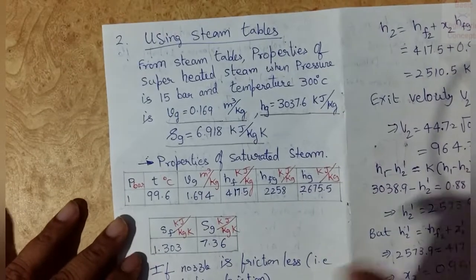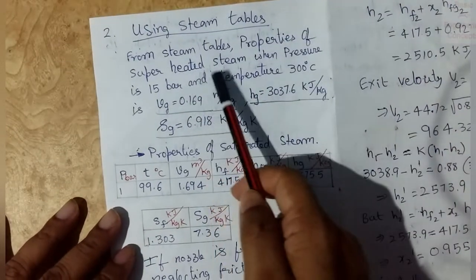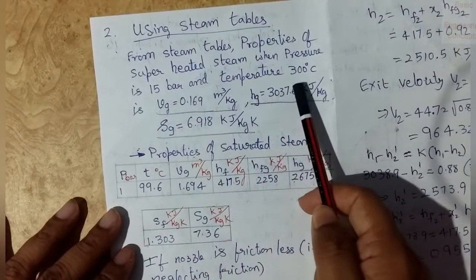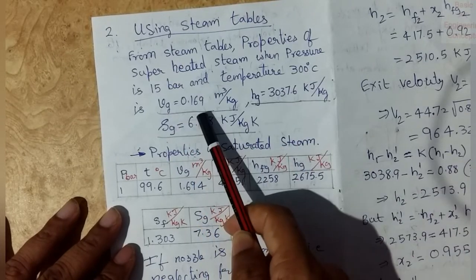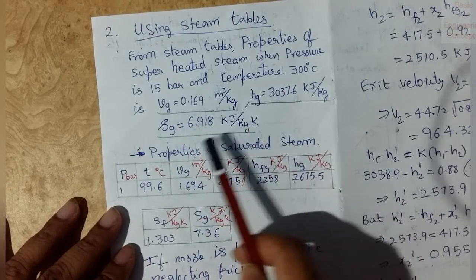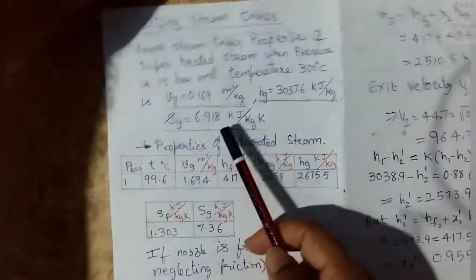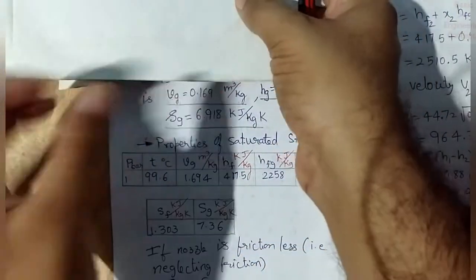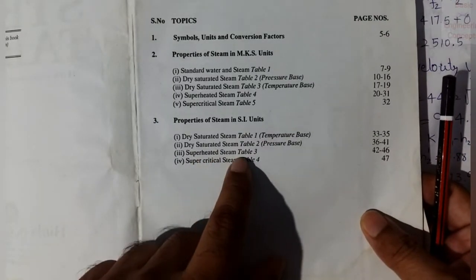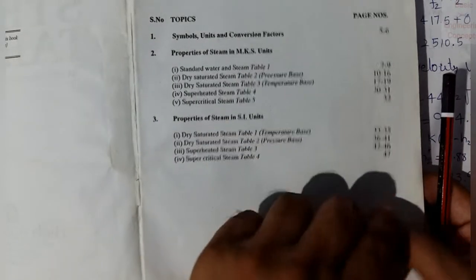So from steam tables, properties of superheated steam when the pressure is 15 bar and temperature is 300 degrees centigrade, we need the Vg value, Hg value, Sg value. So this is the steam tables book. Superheated steam tables, SI unit, pages 42 to 46.